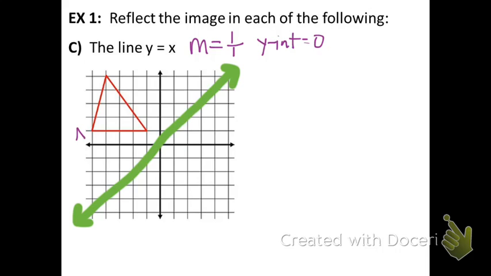So I'll go ahead and label these A, B, and C, and I'm going to show you on this one. Our distance from A to the line, or from C to the line, or from B to the line has to be such that it is perpendicular to the line.